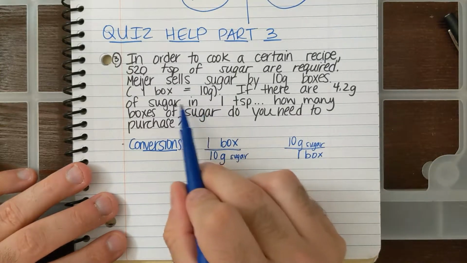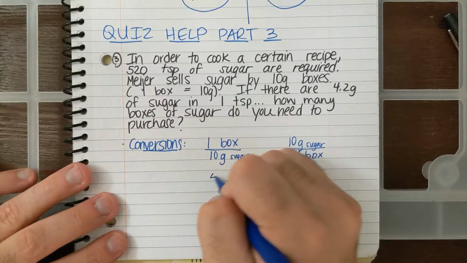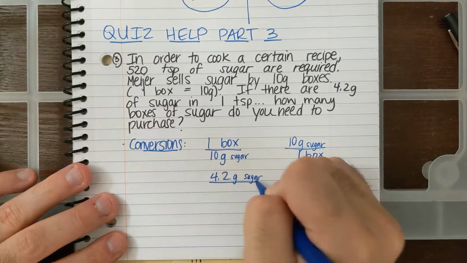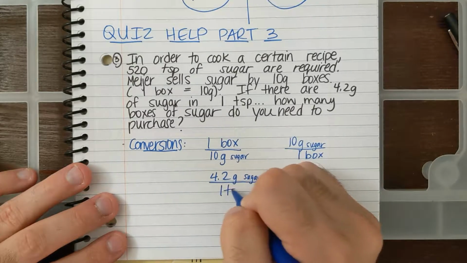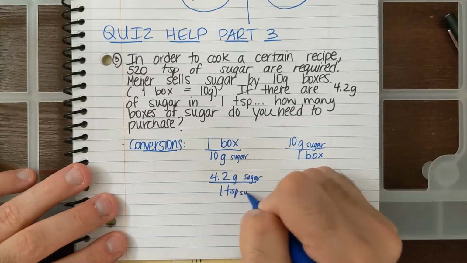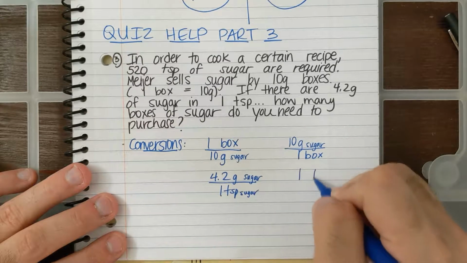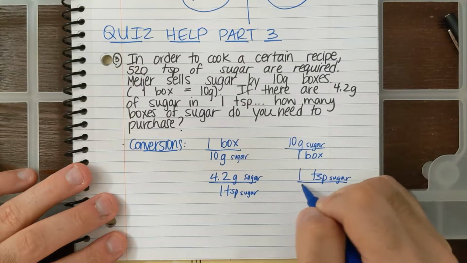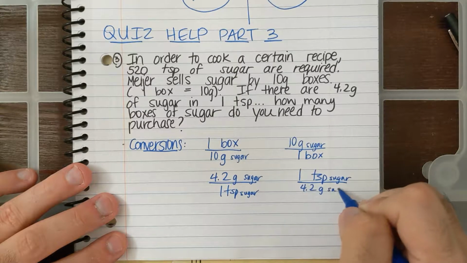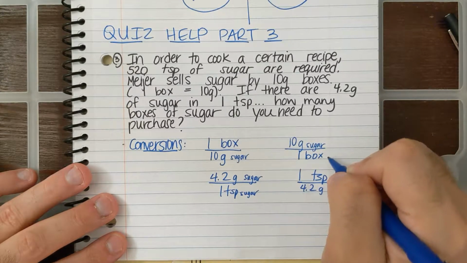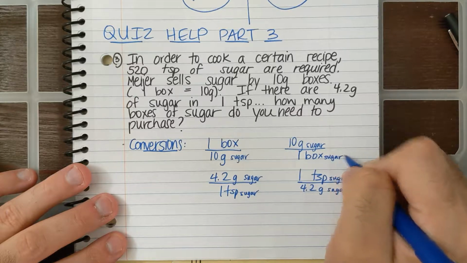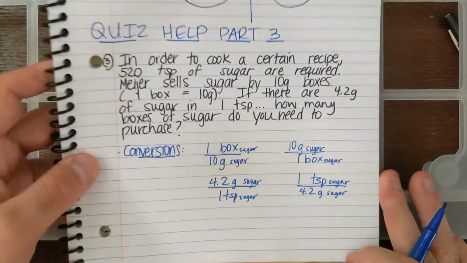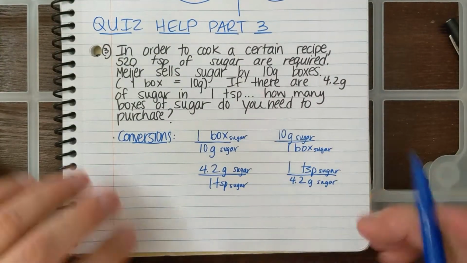And then another conversion I know is 4.2 grams of sugar over 1 teaspoon of sugar, or 1 teaspoon of sugar over 4.2 grams of sugar. And of course, this box should be box of sugar. All of these are sugar. So these are conversions that I know that I got from the problem.